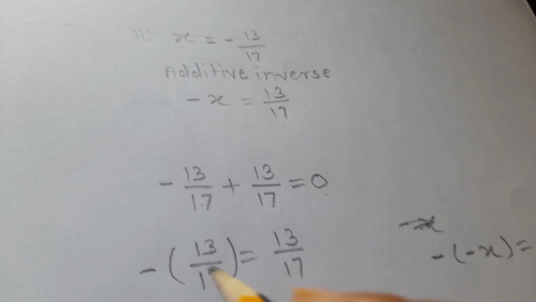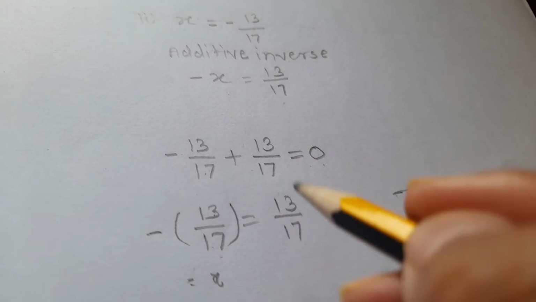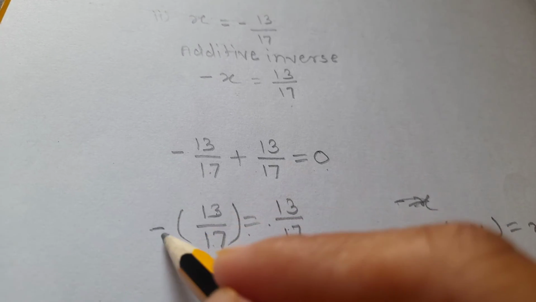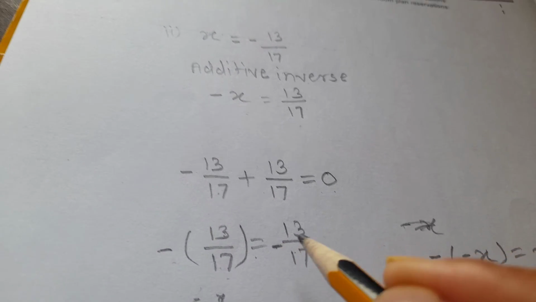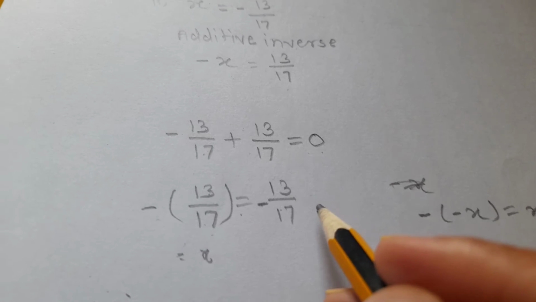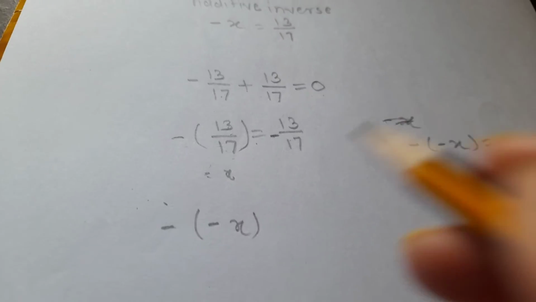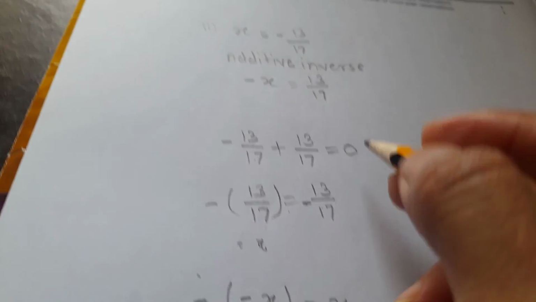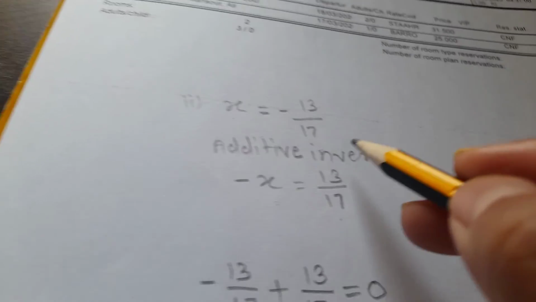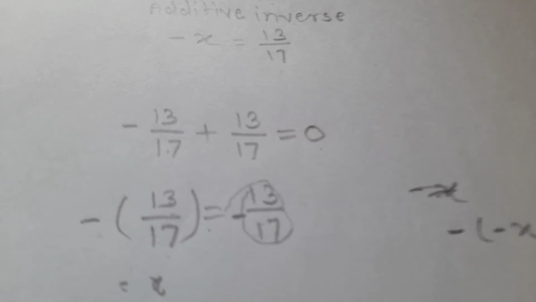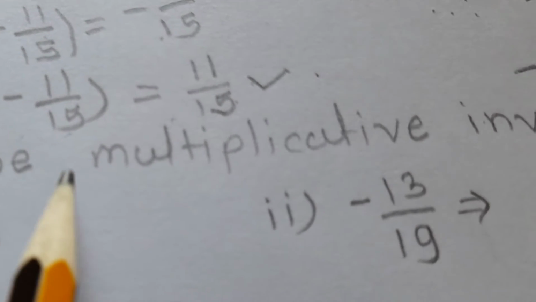If we get here minus of minus x, on that side we need to take the sign minus. That's why minus of minus x is equal to x, which is verified, because minus 13 upon 17 is our x. Therefore the example is verified. See question 4 now.